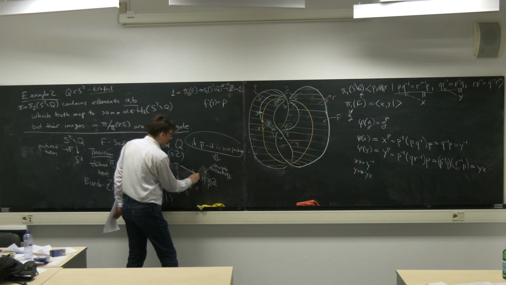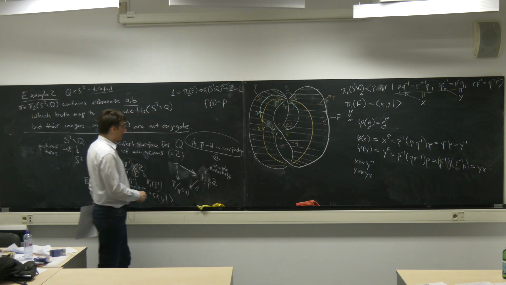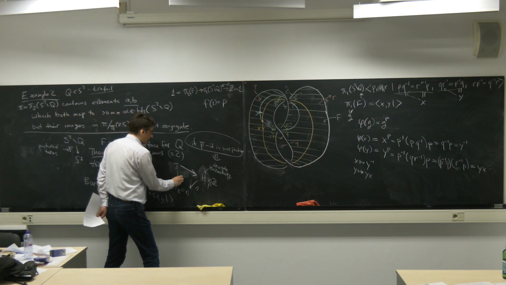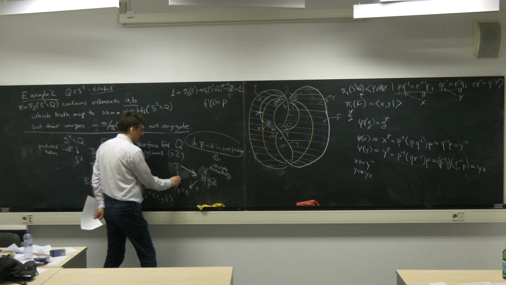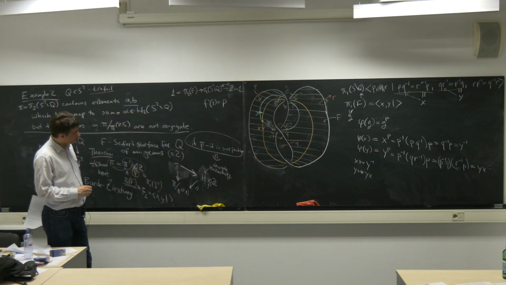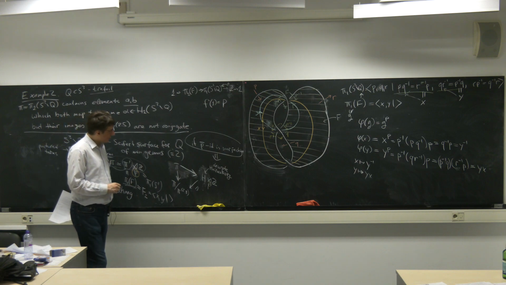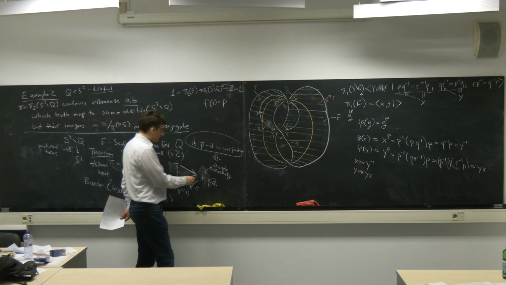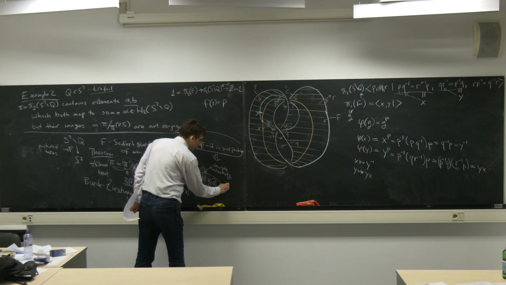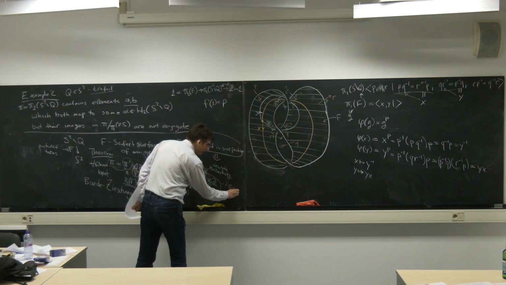So this homomorphism is constructed, and this map should factor through this homomorphism, because this group is 2.5 solvable.